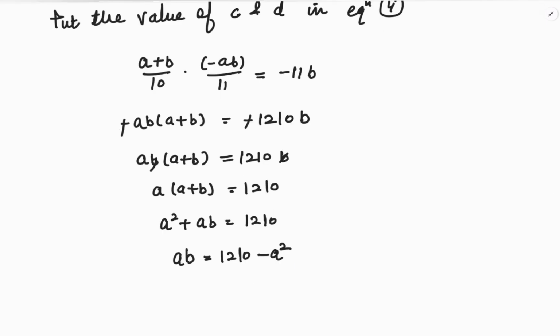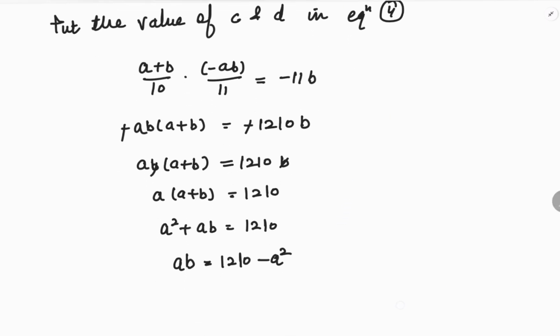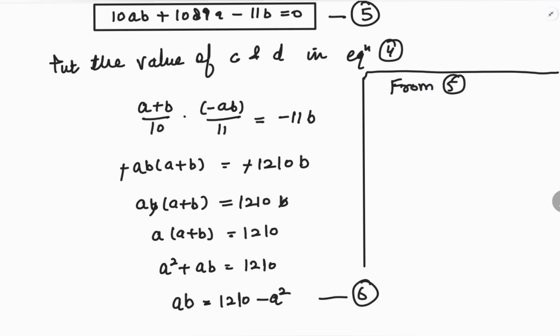So now we have two equations. One we say equation number 5, and this one we say equation number 6. Okay, now we need to bring these equations into one variable. And how can we do that? So I will do that here. If we look at equation number 5, I will write from 5. What can we do?